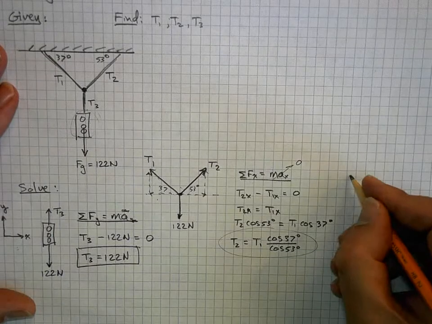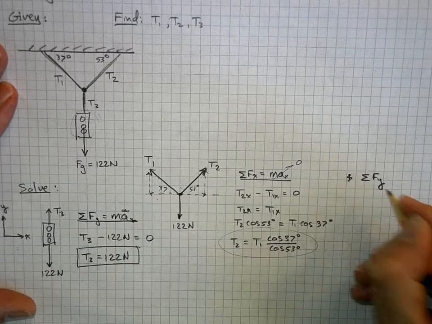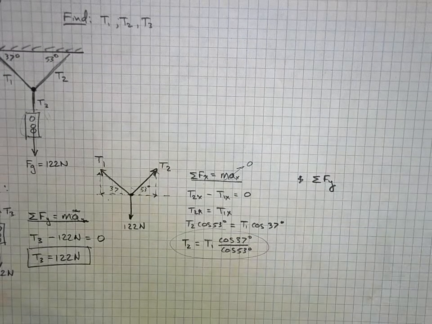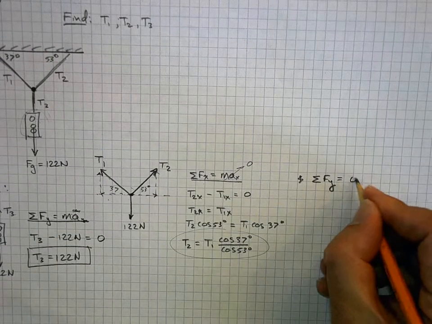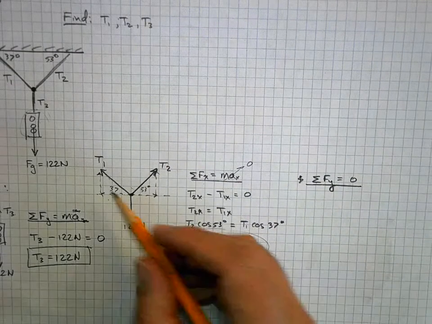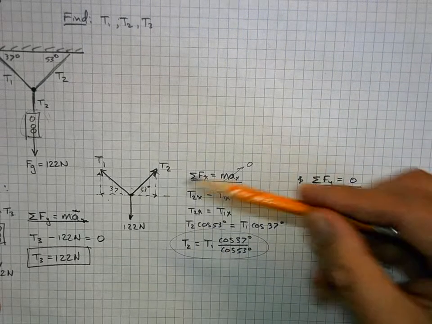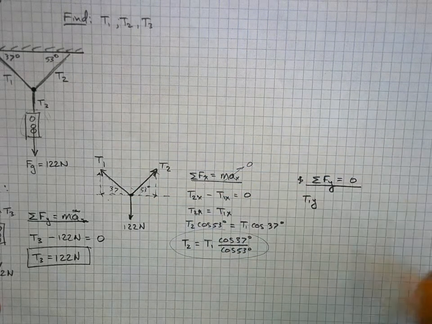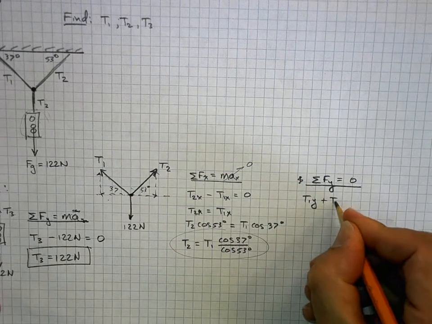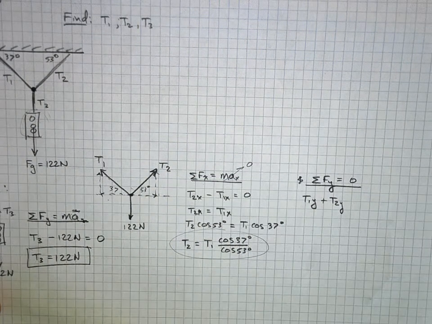So let us sum the forces now in the y direction equals, in this case, 0. ma, but again, acceleration is 0. So I've got T1 in the y. Now that's in the positive y direction, plus T2 in the y direction. It's positive as well. They're both up.